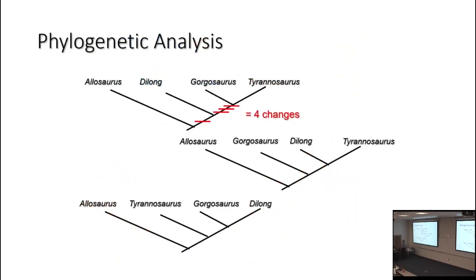So that was the tree I just showed there. But let's say it's one of these other trees, where Gorgosaurus and Tyrannosaurus had a bunch of traits in common that were not found in D-long, and yet we still observe them. So given this tree topology, the similarities between Gorgosaurus and Tyrannosaurus can either be explained as independently originating, that is convergently evolving in Gorgosaurus and Tyrannosaurus, or potentially that they showed up in the common ancestor of all these guys and then were lost or reversed to the ancestral condition in D-long.